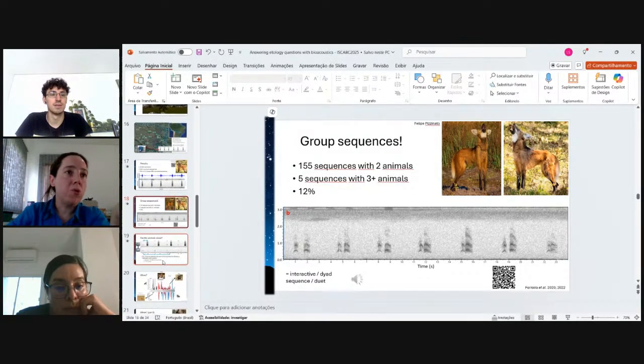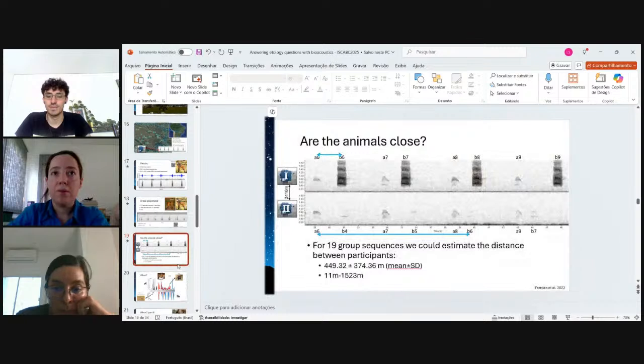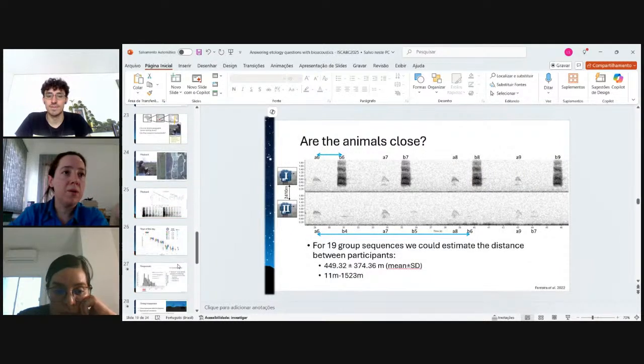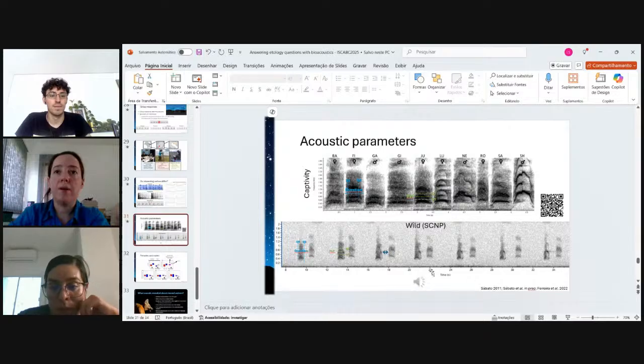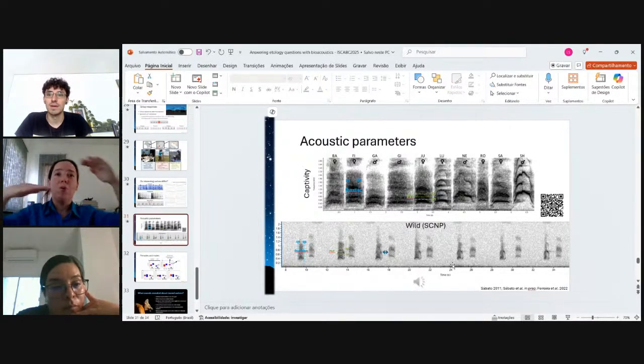And also, I don't think there is an example here, but there are anurans that vocalize below the maned wolf. So we have this acoustic niche partitioning.